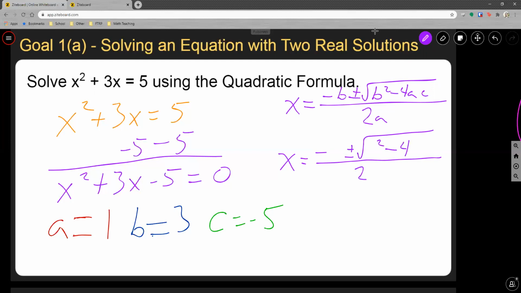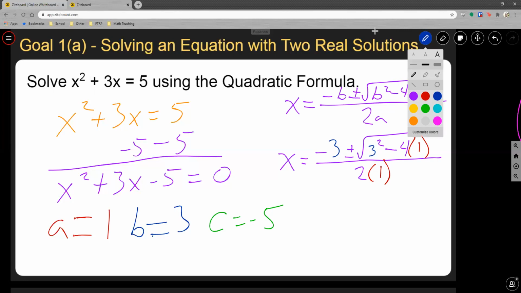All the values that are constants. So a is 1, so 2 times 1, 4 times 1. B is 3, so negative 3 and 3 squared. And then my c is negative 5, which goes right there. Remember, this square root goes over the entire thing there.